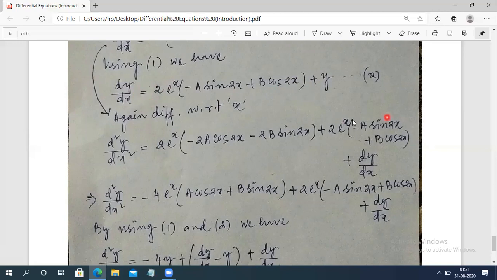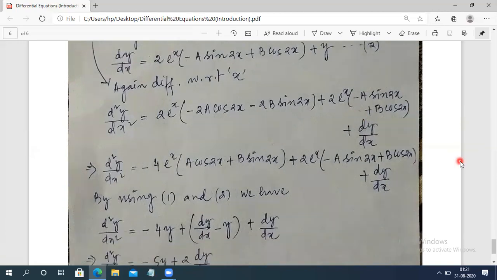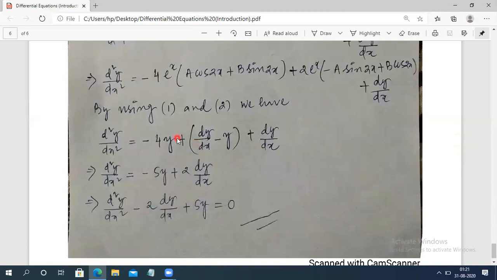So substitute here dy/dx minus y, and we will get the following differential equation. After simplifying this, we'll get d2y/dx square minus 2 dy/dx plus 5y is equal to 0.